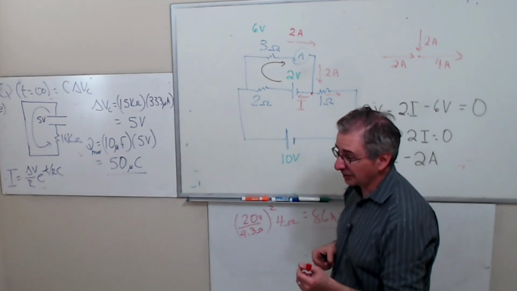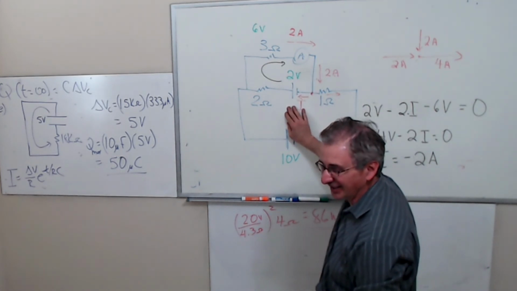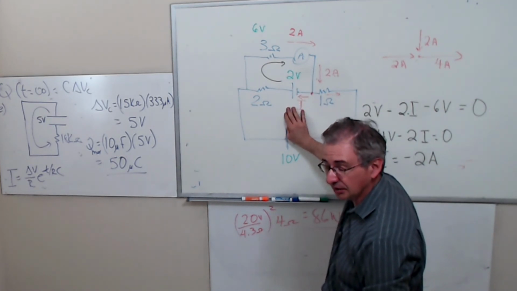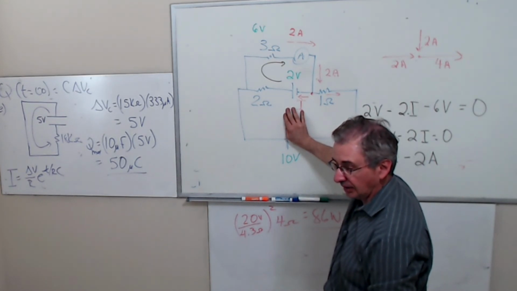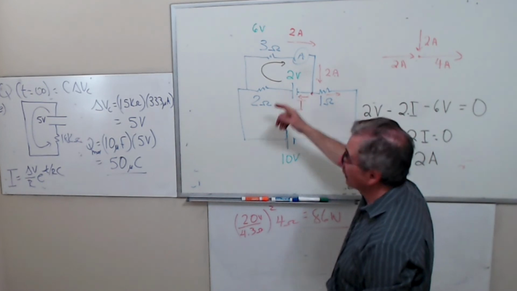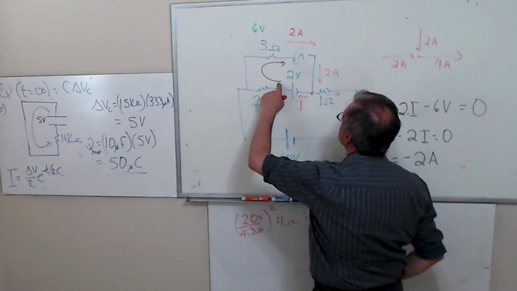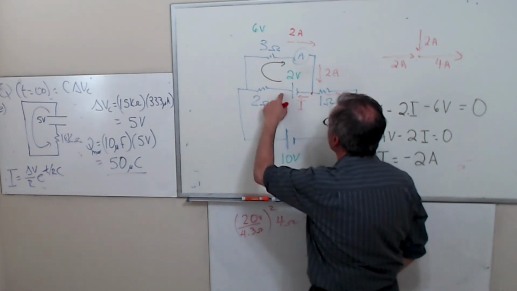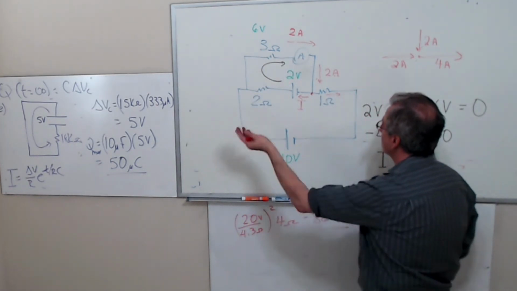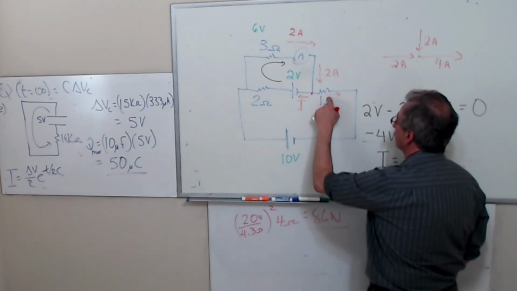It's easy to make an algebra error if I set up 2 equations and 2 unknowns and then start going through the algebra. As you do more problems, you will develop the intuition to say, I have 2 independent currents, but I know one of them, so I only need one loop to figure out this current. Then once I know that, I can use the current law to figure out this current.